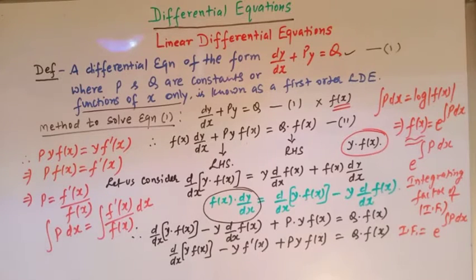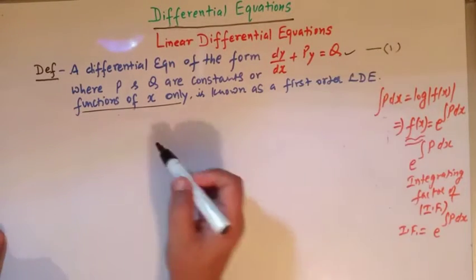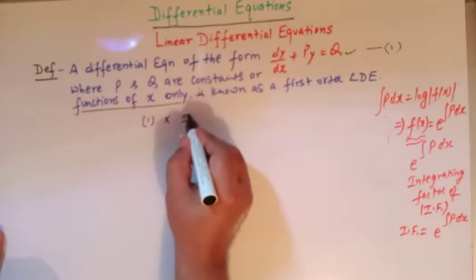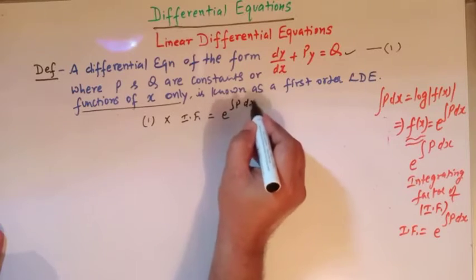Clear? Okay. Now the next step is to find the solution of this differential equation. Now we multiply equation 1 with this integrating factor, which is e raised to integral of p.